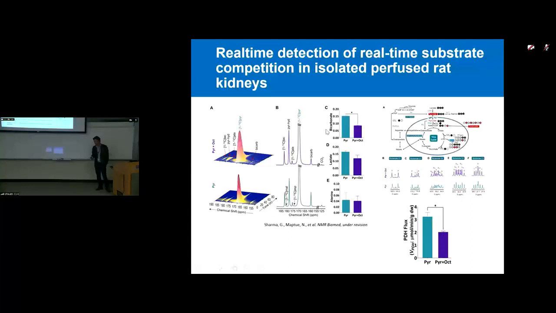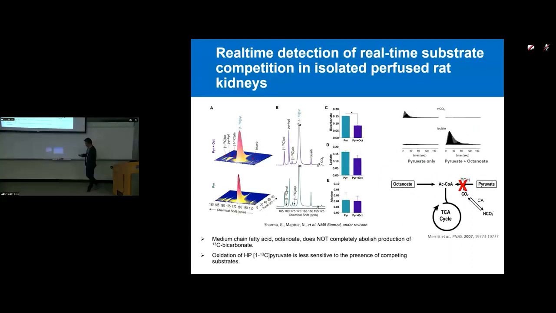One thing we found very interesting is that, unlike the heart, if you give the heart pyruvate and then a competing substrate, in this case octanoate, which is fat, the heart loves fat. It's going to switch completely to octanoate, so you won't see pyruvate oxidation. This is the work that was reported by our very own Dr. Mary in biochemistry, done back at UT Southwestern.